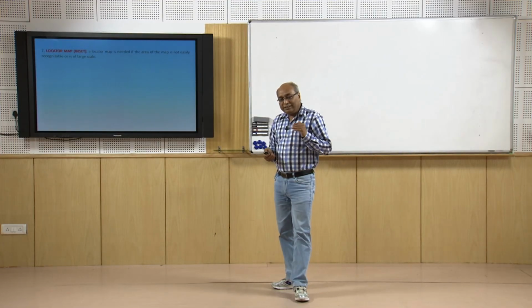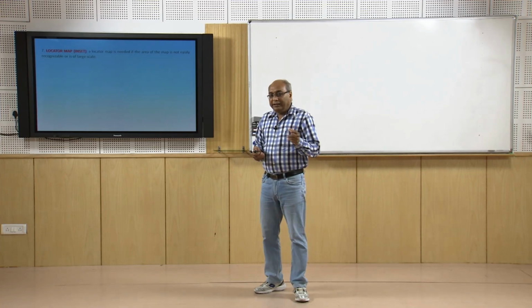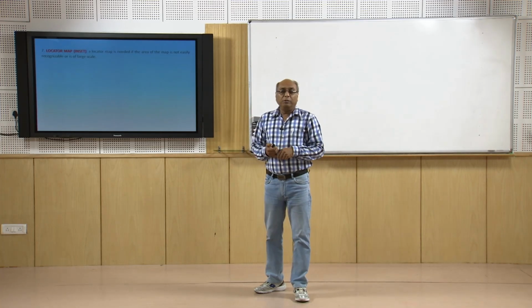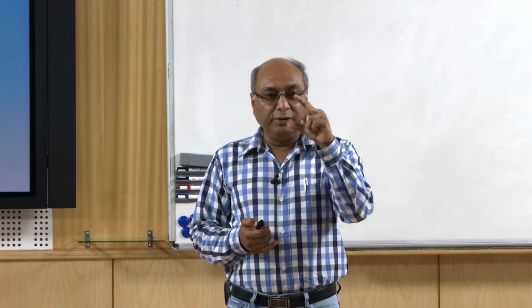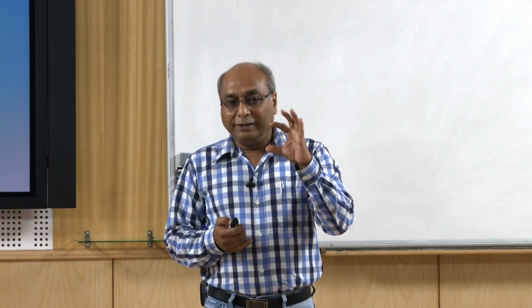When I was discussing generalization, that generalization is applicable here, because when you present that map of India with its state boundaries in a small form, that means going for a very small scale.